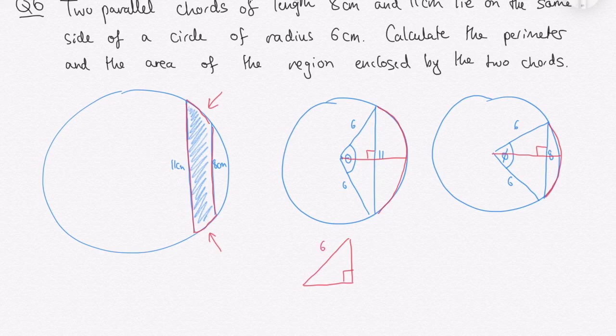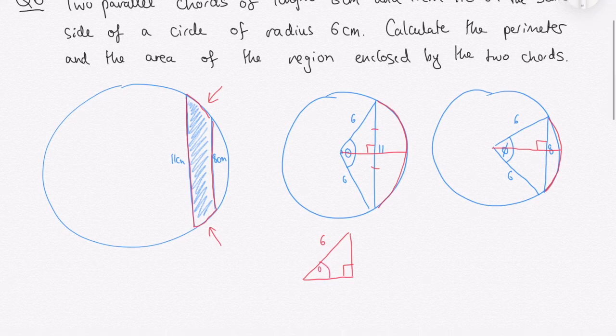Because this is bisected and they share the side and the hypotenuse, those two are congruent triangles, so this angle here is theta over 2. And we also know that this length here is 5.5. Similarly for the second chord, we have a right angled triangle with a length here of 4, a hypotenuse of 6, and this angle here is phi over 2.